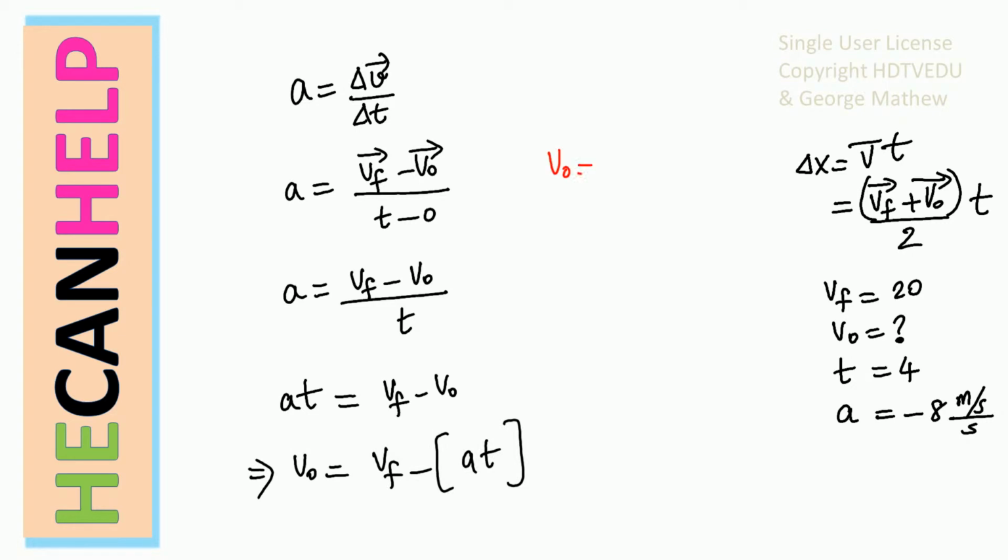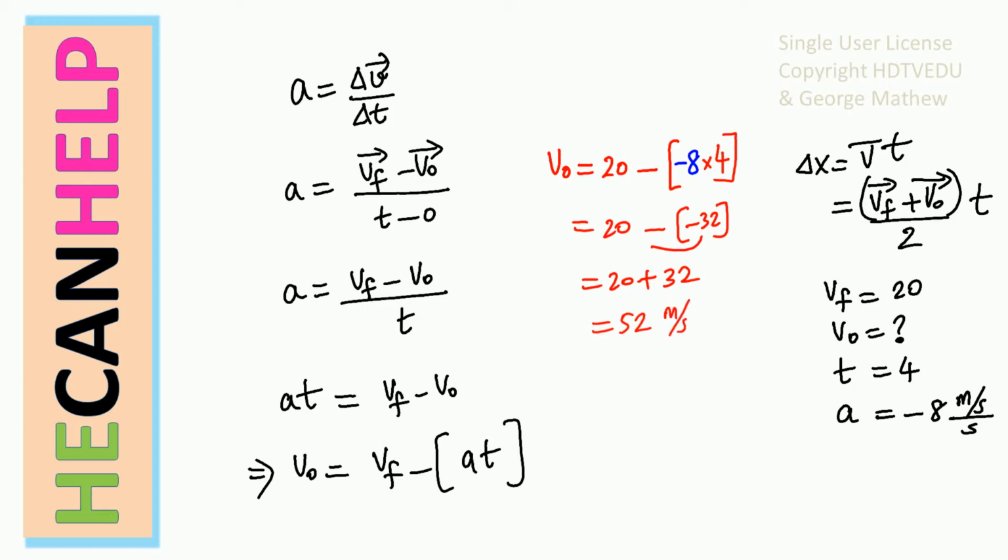V final is 20, minus the acceleration, negative 8, times the time, 4 seconds. So this is 20 minus negative 32, which is 20 plus 32, because negative of negative is positive. So it is 52 meters per second.